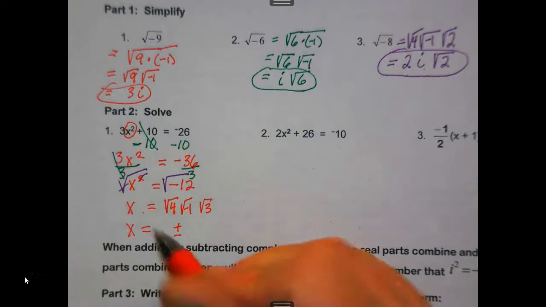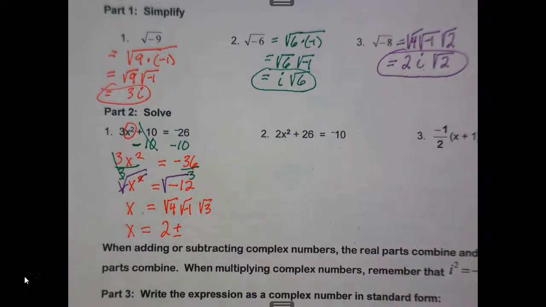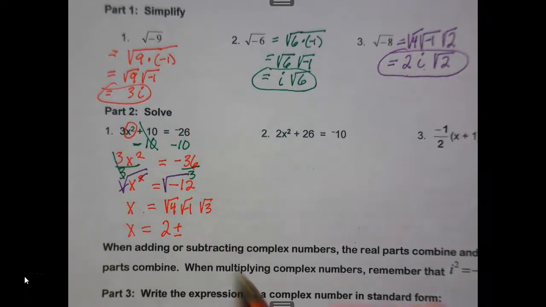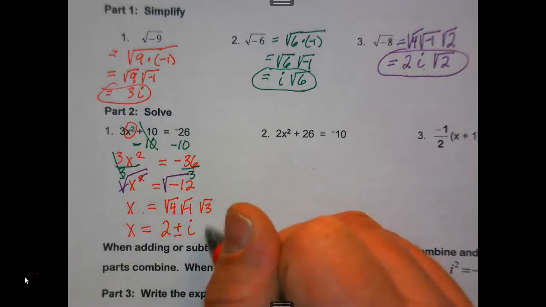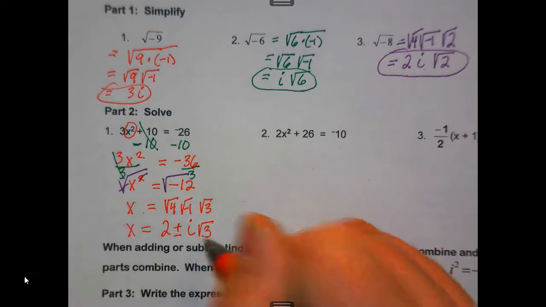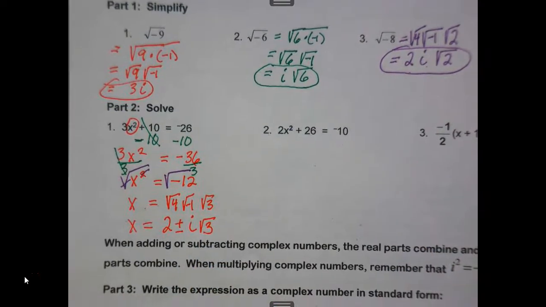Now, that's going to go before our rational number 2. Then I have my i for the square root of negative 1. Nothing I can do with the square root of 3. So there's my order of things. Just like English, you can't say ain't no good, you've got to have it in this order.